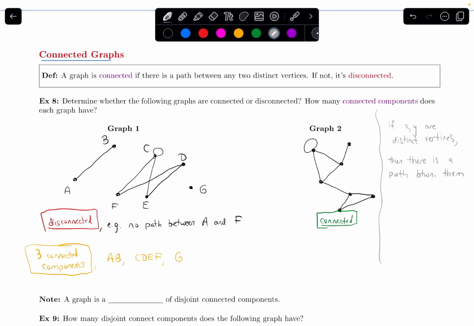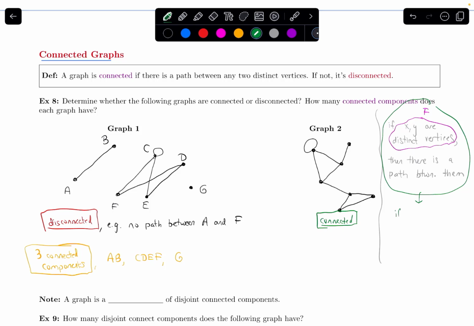Okay, and if I think about G, just G by itself, there aren't two distinct vertices there. There's just one, which means the if part of this if-then statement is false. And we've seen that if you have an if-then statement and the if part is false, that automatically makes the whole thing true.